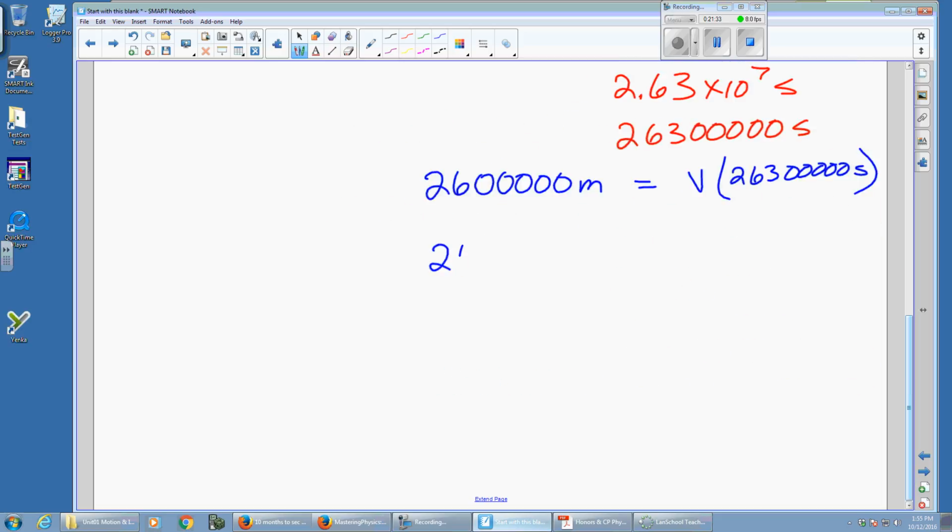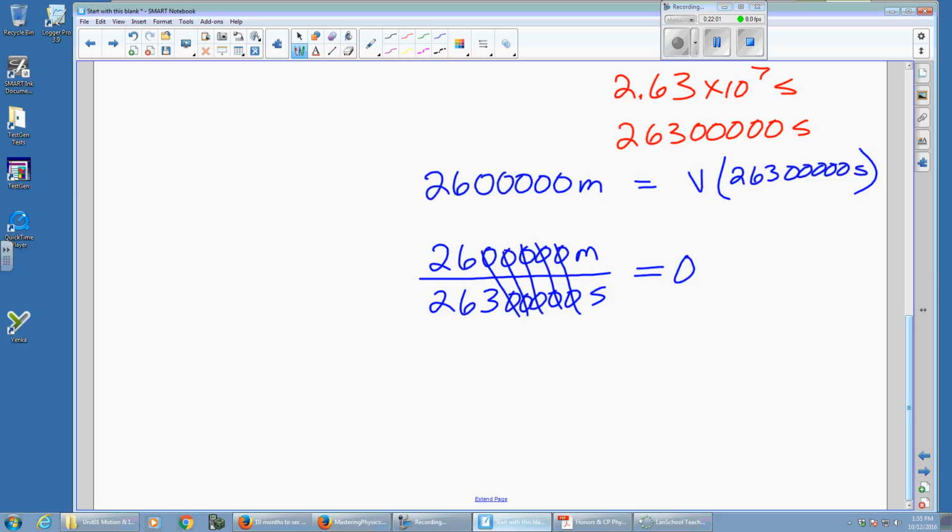And those cancel, those cancel, those cancel. I'm left with 26 over 263. Will, what did that come out to be? 0.0988 meters per second. I hope that's right. That was a lot of zeros.